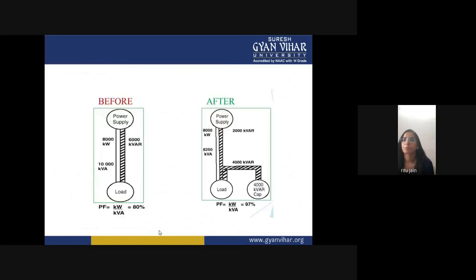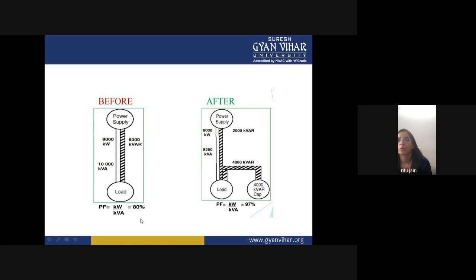So you can see from this diagram that this is the power supply which is connected to the load. The active power is 8000 kilowatt, the reactive power is 6000 kVAR, and the apparent power is 10,000 kVA. If you want to calculate the power factor by the formula P by S, P is 8000 and S is 10,000, so the power factor is 80%.